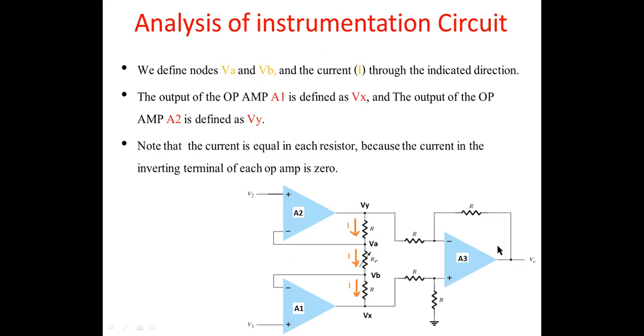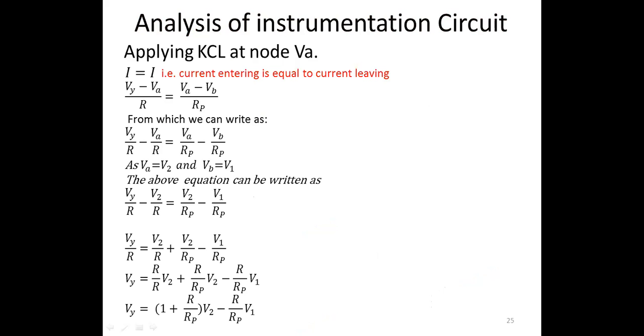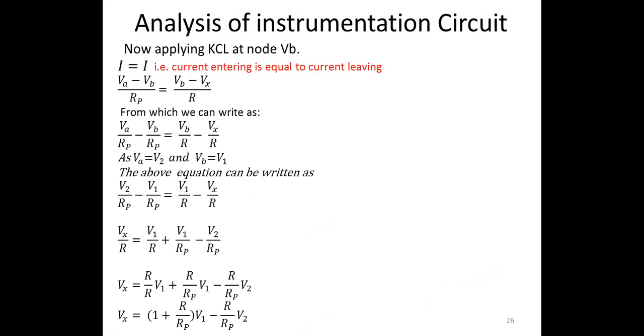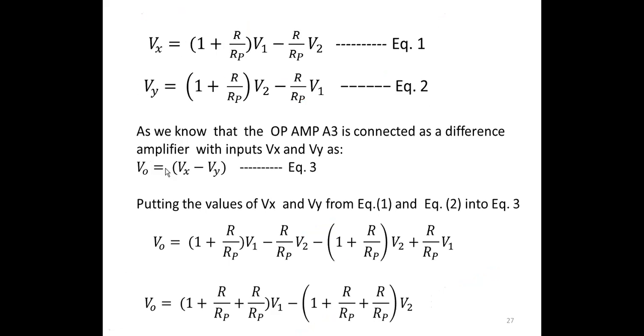What is this circuit? This circuit is just a difference amplifier. If all the resistors are of same value, then output would simply be equal to Vx minus Vy, as we know that the op-amp is connected as a difference amplifier with these two inputs.